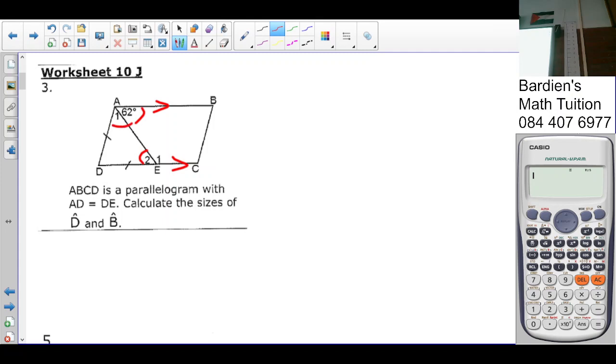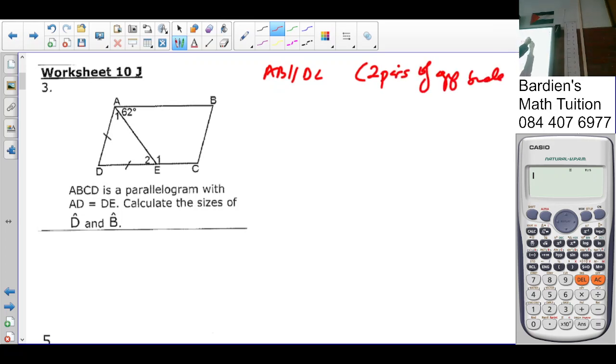With that I will be able to calculate A1, and with that I will be able to calculate D, using the sum of triangles. You will agree with that? So what do I have to state first? I need to say that AB is parallel to DC. Why? Two pairs of opposite sides are parallel in a parallelogram.